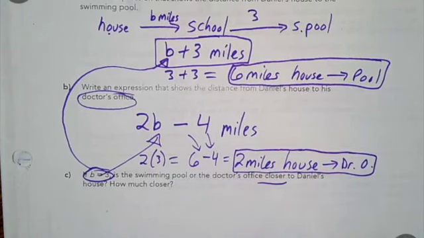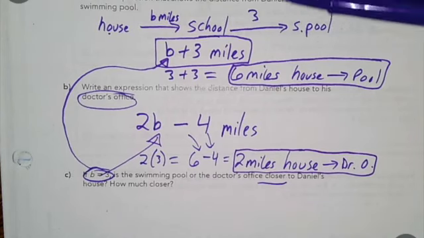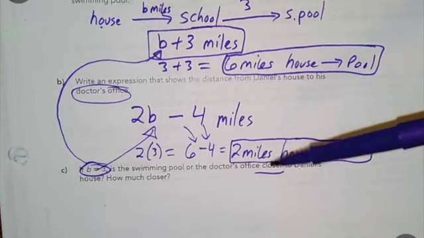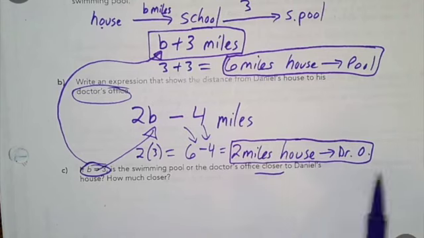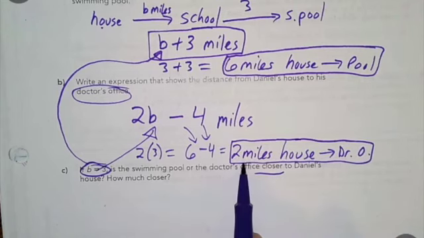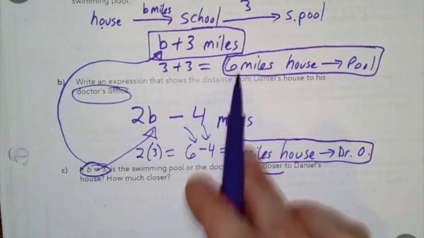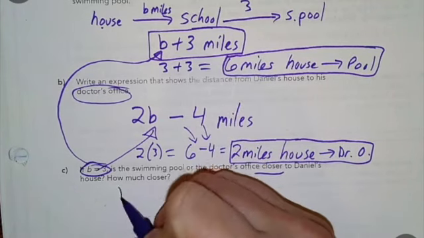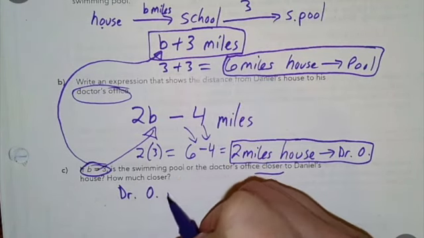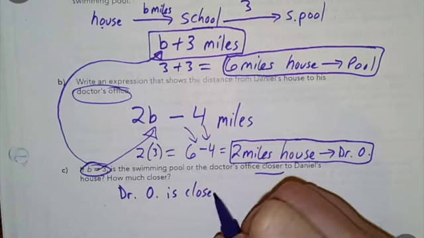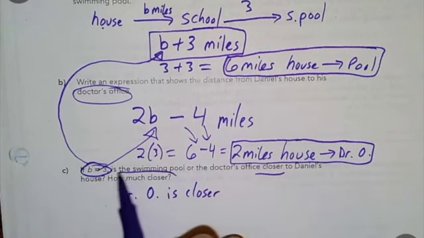So if you actually solve them, which one's closer to his house? From his house to the doctor's office is 2 miles, and from his house to the pool is 6 miles. So the doctor's office is closer, and how much closer is the second question?